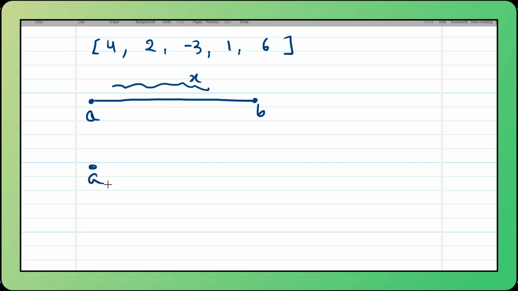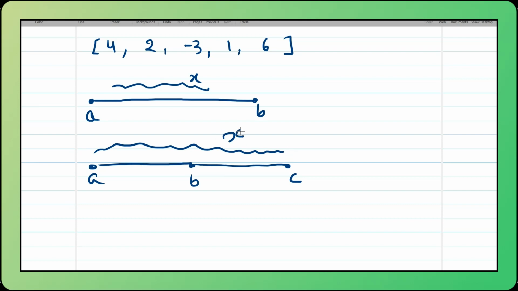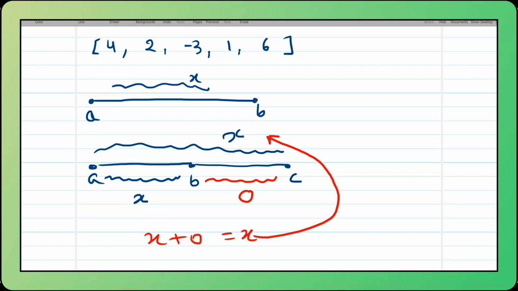And I have something called A, B, C, and the sum of A to C is X. And here we know the sum of A to B is also X. That means, can we assume the sum of B and C is going to be 0? Because X plus 0 returns me X, that is the sum of A to C. We are going to apply this same intuition to solve our problem.